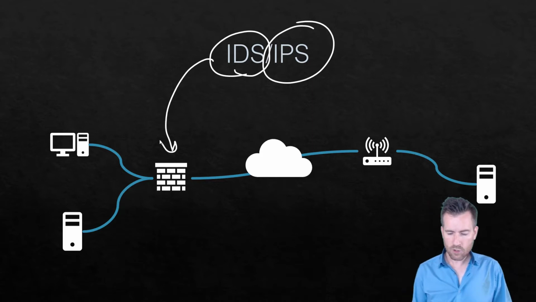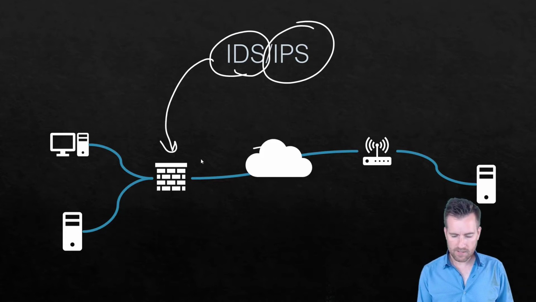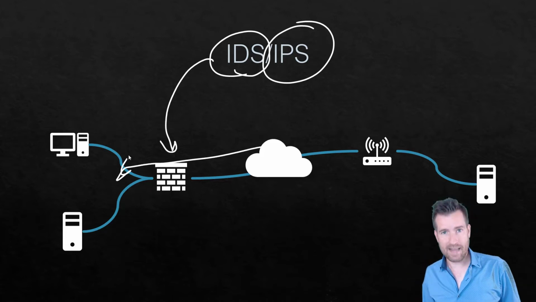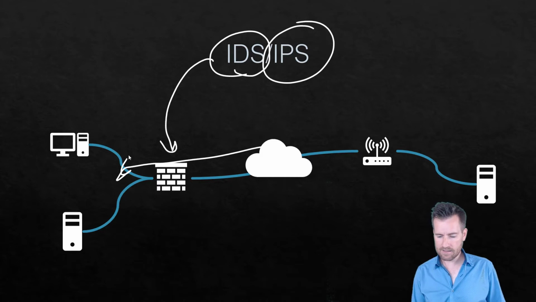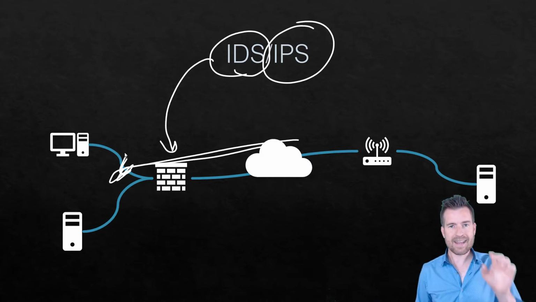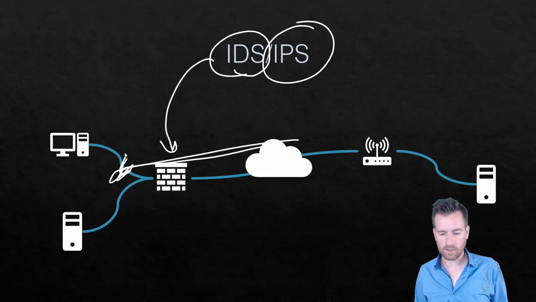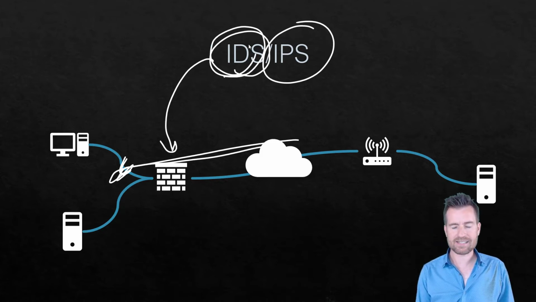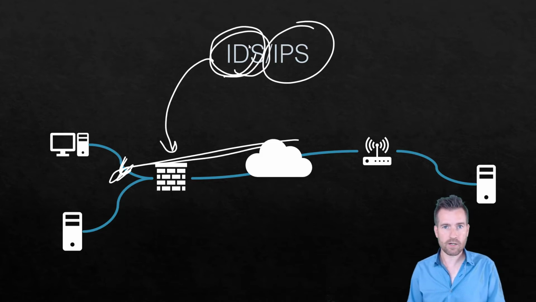An intrusion detection system will inspect and analyze the information that's coming in to your network and try to detect if there's some sort of traffic that looks really suspicious. Perhaps it's a hacker trying to test different things out to see if they can wiggle into your network. The intrusion detection system will see that attempt and then do some sort of alerting based off of it.